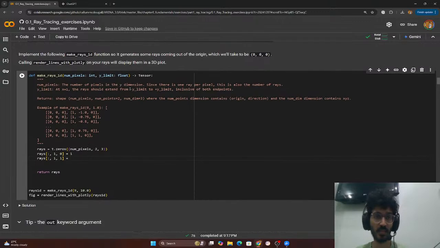I need to generate n numbers starting from minus y limit to plus y limit.